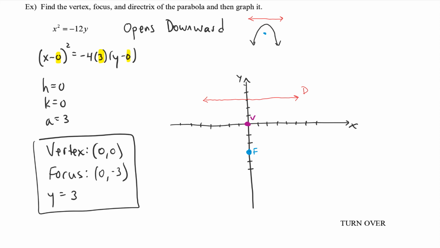So I go 1, 2, 3, 4, 5, 6 to the right of the focus, 6 to the left of the focus. And those are the endpoints of the latus rectum. So my parabola is going to go through those. So there's the parabola right here. All right, so there's one that opens downward.